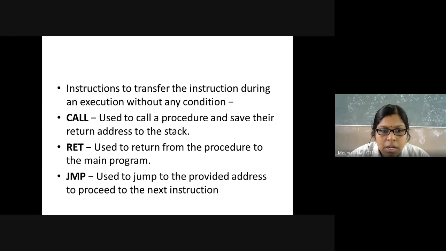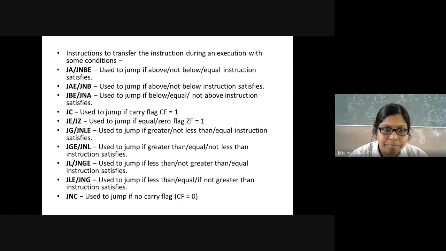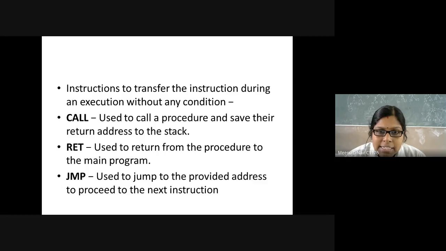They are called CALL, RET meaning return, and JMP jump. These are the instructions without any condition. Call means you are calling some other subroutine or subprogram. Return means once the subroutine is over, you return back to the main program.